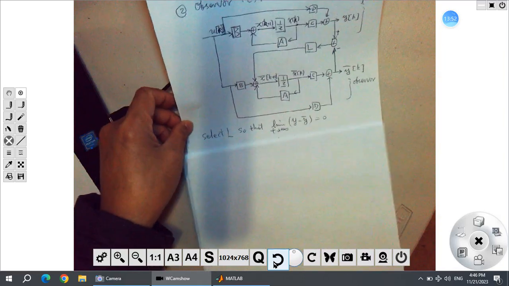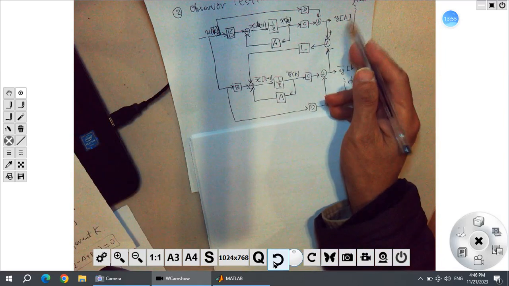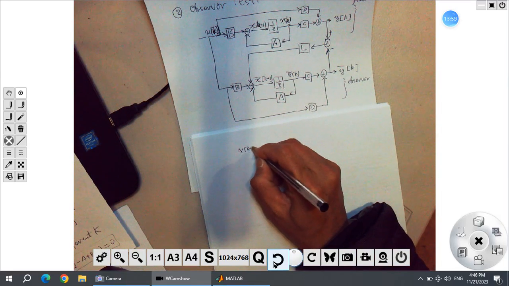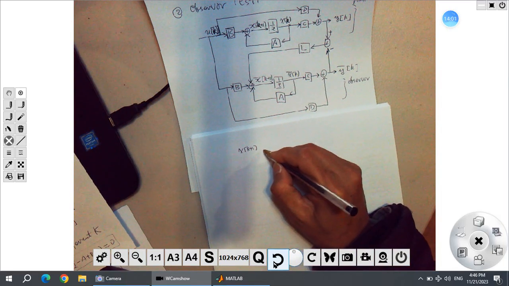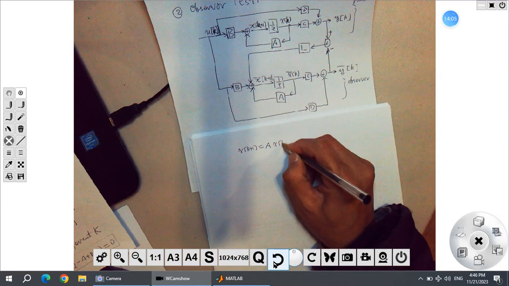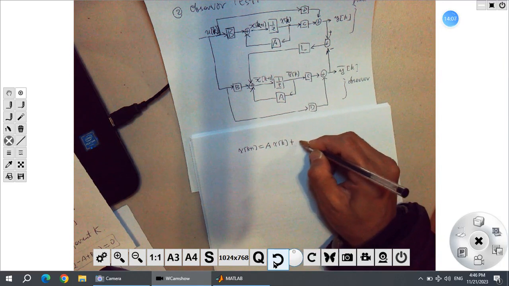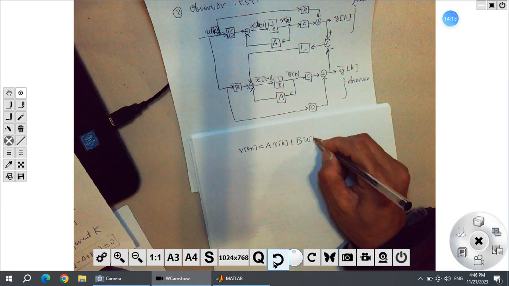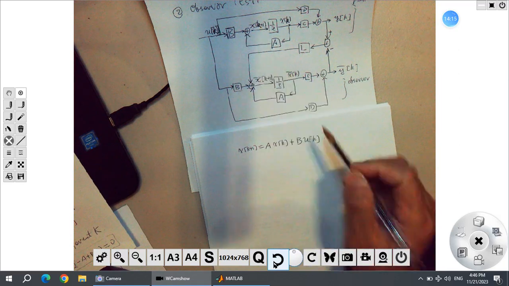The original equations, the plant: we have x of k plus 1 equal to A times x of k plus B times u. Yeah, this is x of k plus 1.